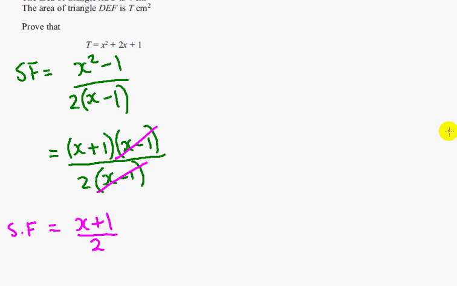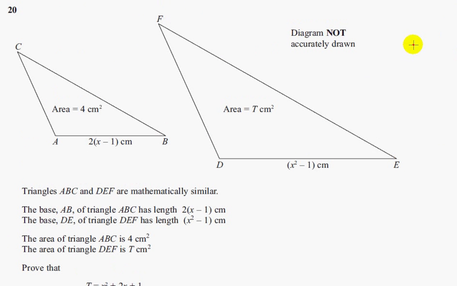Okay, so first of all, the scale factor is this. Now what did we say after that? Now we've worked out how many times bigger this is compared to this. We know that the area of the big triangle is going to be 4 times the scale factor squared.